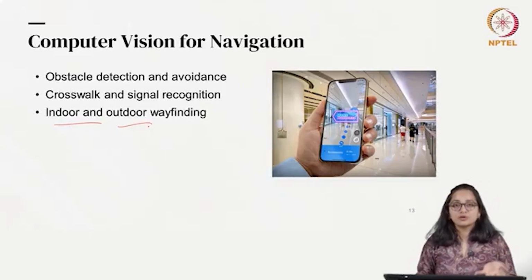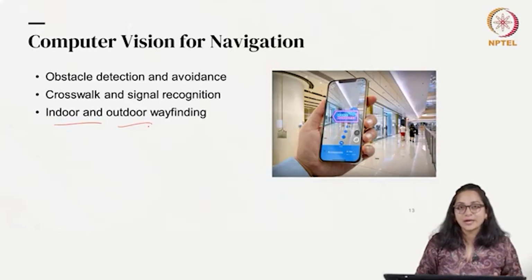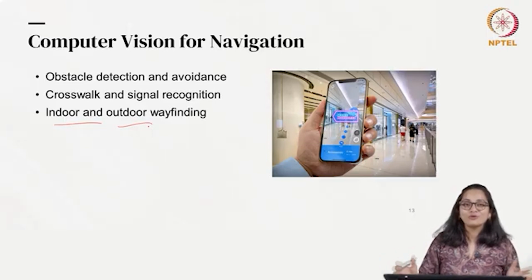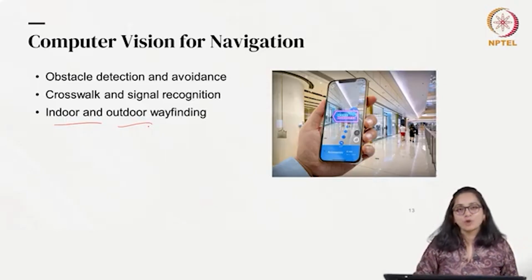So a computer vision model can effectively, theoretically help us do that, but there are a lot of contextual as well as situational parameters which can complicate such problem statements.